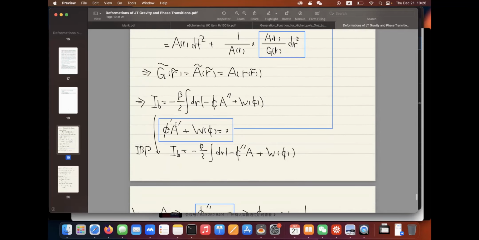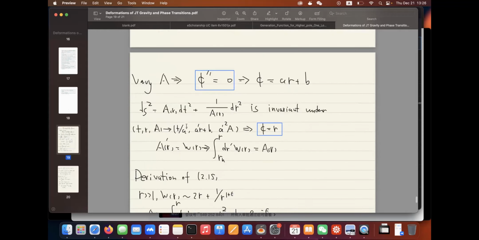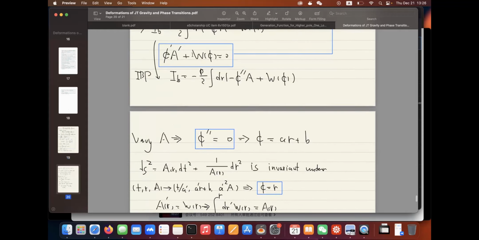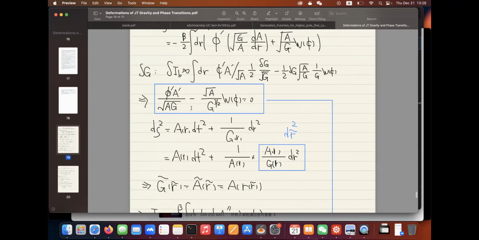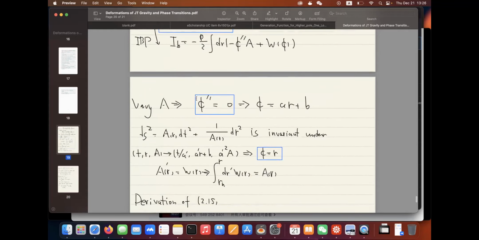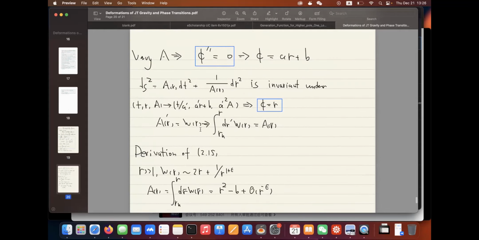So now we go back to this equation, because phi is equal to r, phi's derivative is just 1. So it's quite easy. This should be minus, sorry. This should be minus. I have made a mistake. So a prime is equal to minus W of r. So the solution of a is just the integral from the horizon, which means that a at the horizon equals 0.